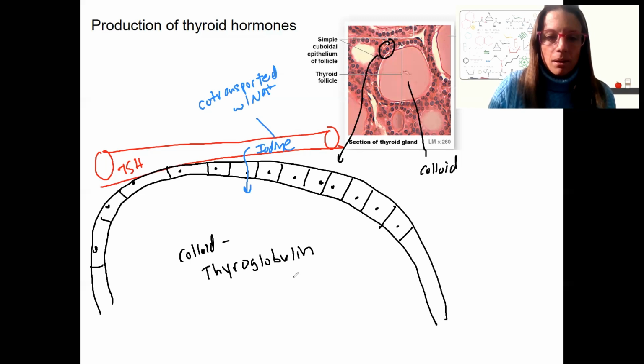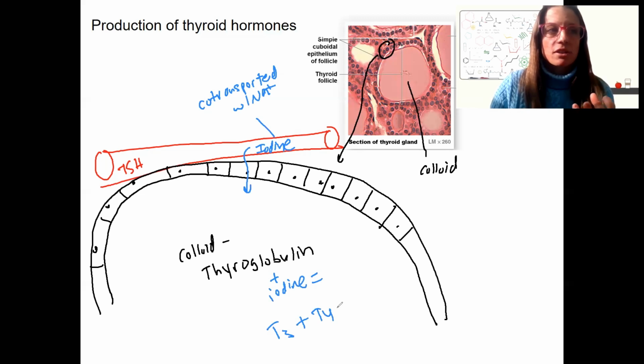Thyroglobulin plus iodine are going to form T3 and T4. T3 and T4 have different sizes. They're actually referred to by the number, and they're chopped up differently. I'm not going to go into more detail than that.